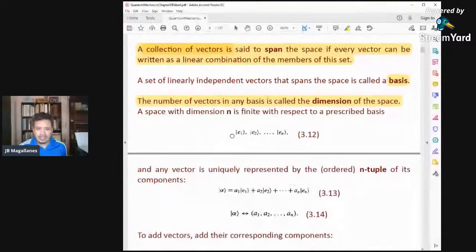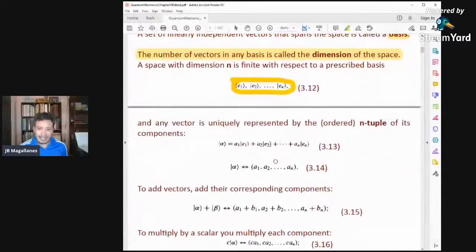So in general, for n-dimensional vectors, you have these linearly independent vectors, and you can write any vector in that space. You call that an n-tuple. You can write it in terms of this expression.